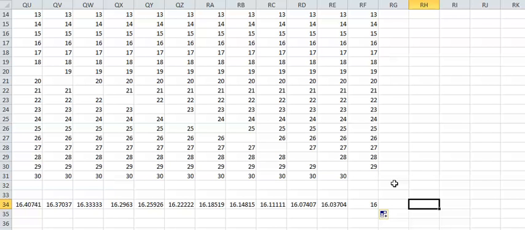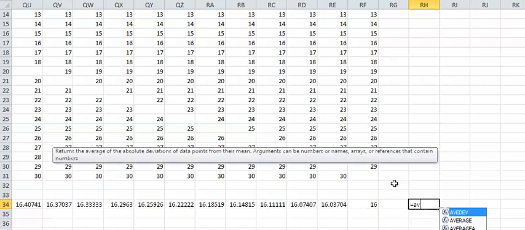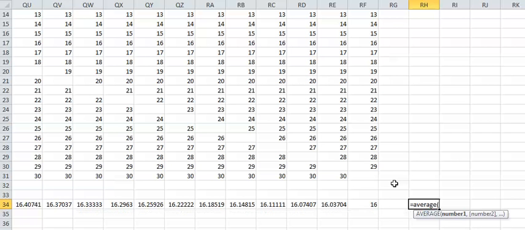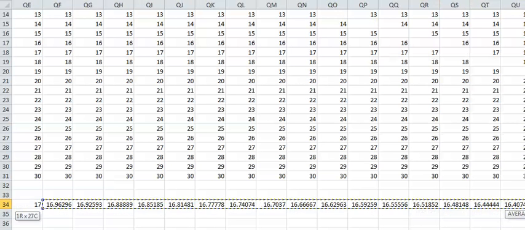Now, if row 34 is the sampling distribution, then the mean of the sampling distribution would just be the mean of row 34. So I can type in equals average, highlight all the numbers in row 34.